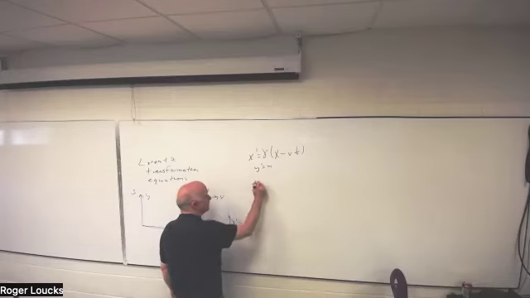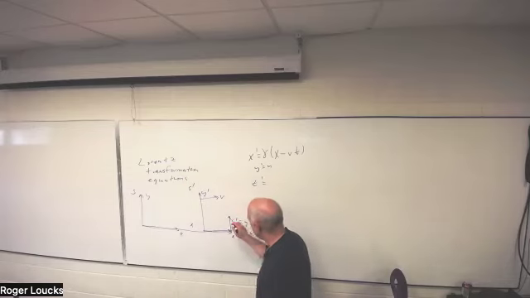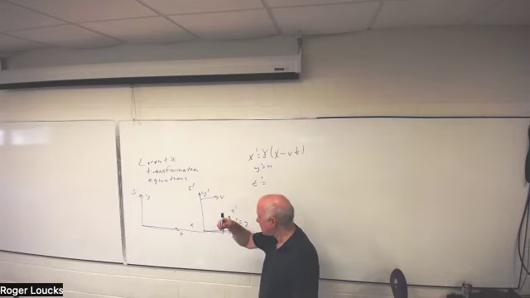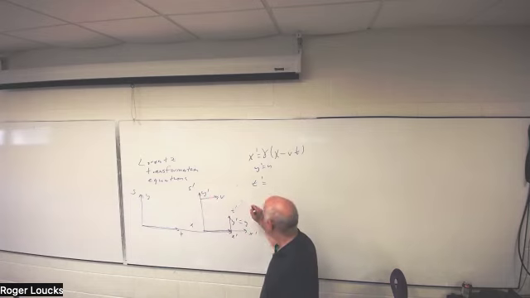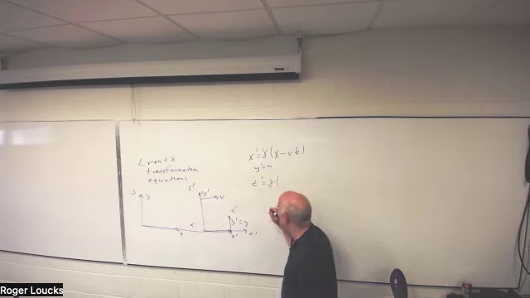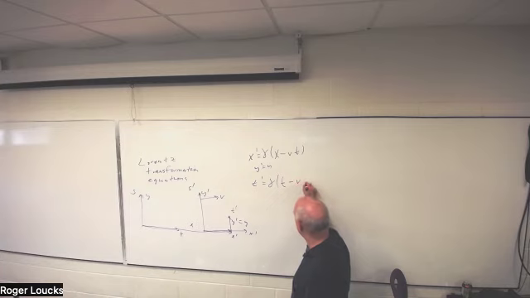And then we have the T prime. If this event occurs at some time T prime according to S prime, what does it correspond to according to S? Gamma (T minus V X over C squared). Good. That's what we have.